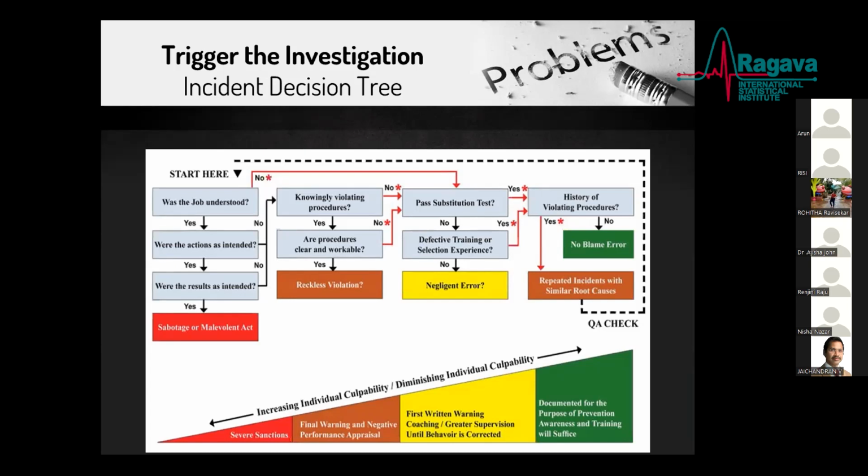Usually, the test asks whether the individual's actions were as intended, and whether the outcome was also as intended. In the majority of cases, the actions will be as intended, but the outcome will not. But such deliberate actions usually lead to disciplinary outcomes.